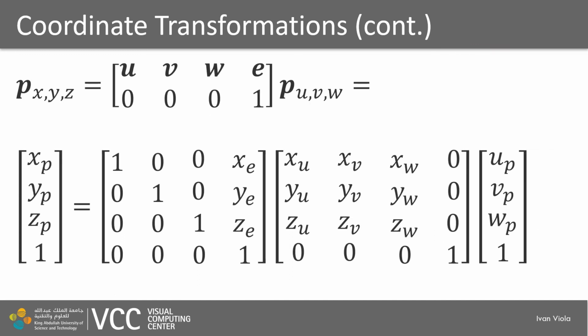And the same holds for the three-dimensional case, which we will often use in computer graphics. A point in one coordinate system will be expressed through its basis vectors and its origin point, so that we get into the canonical coordinate system, as we can see here on this set of matrices.